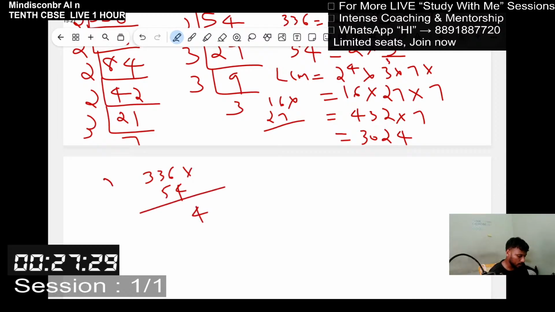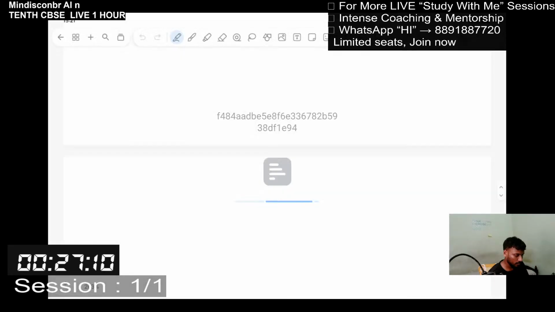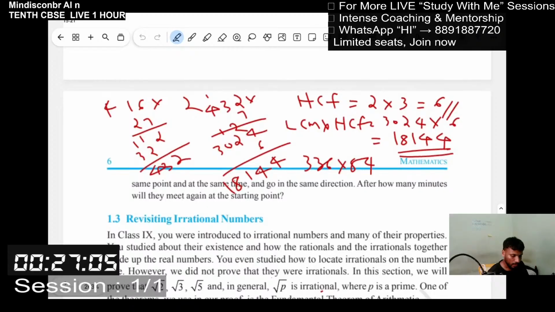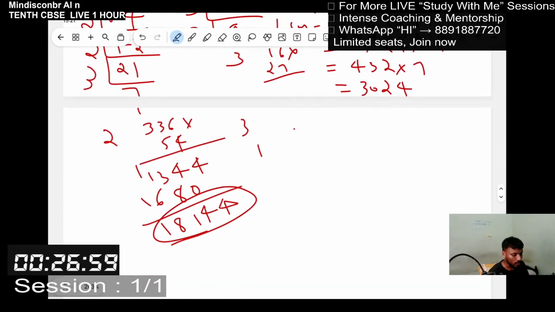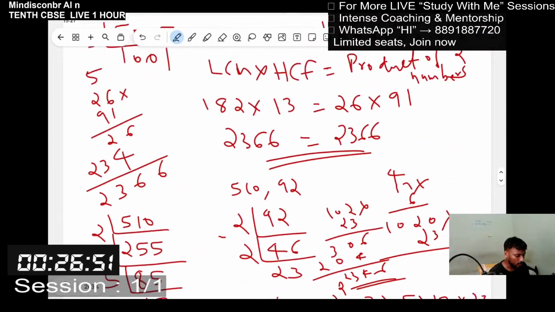Here also 18144. 336 into 54 is also 18144. So we have proved that LHS is equal to RHS. So we have done the 14th question also.